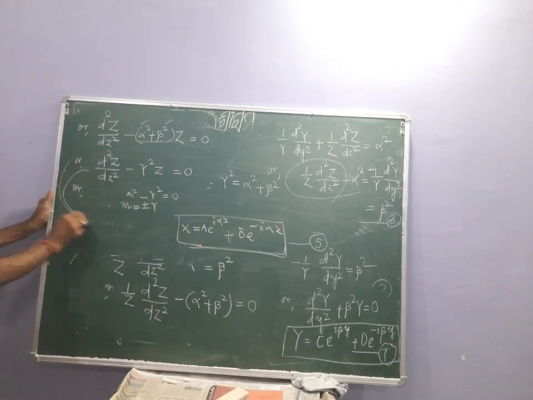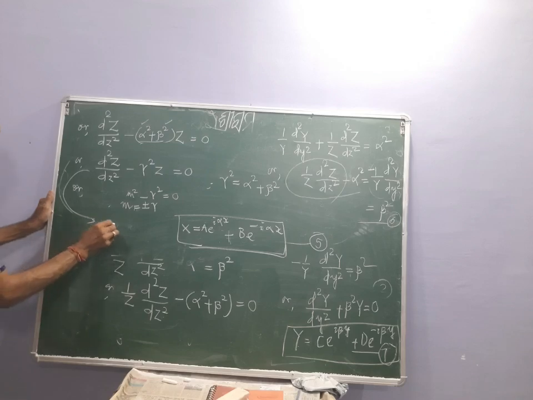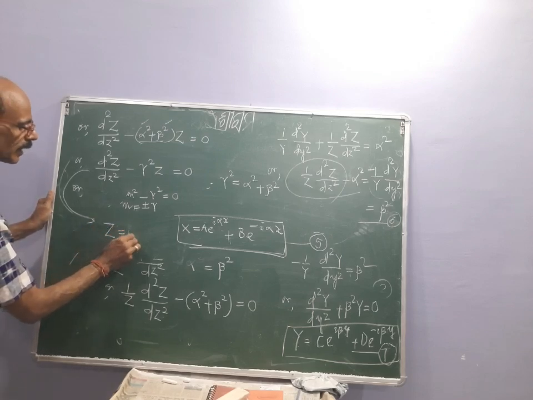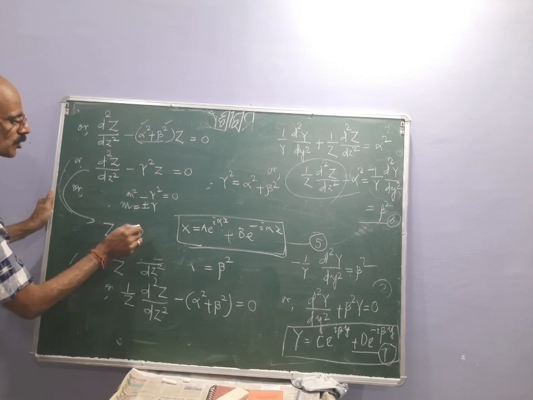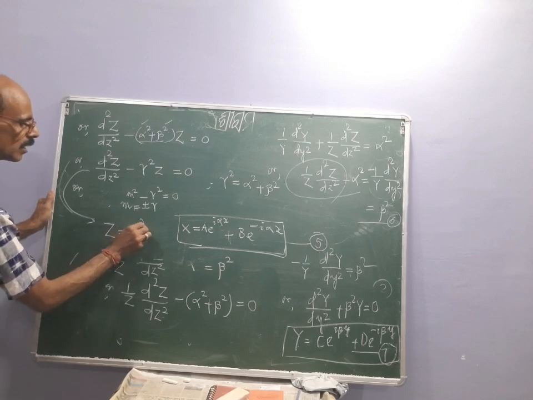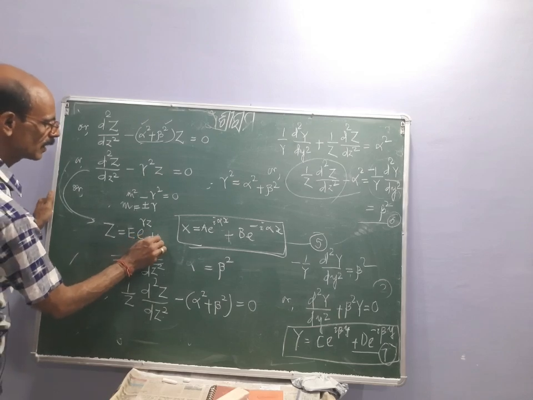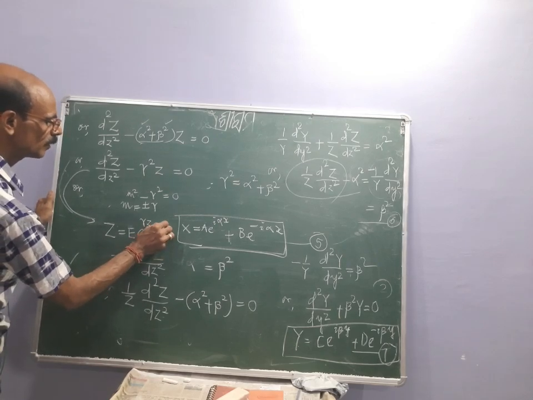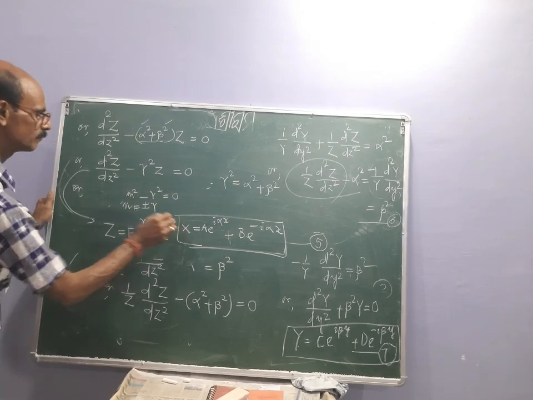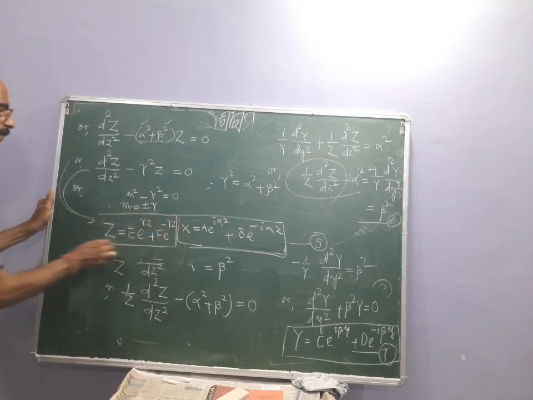Now its solution will be Z is equal to, let me write, e exponential gamma z plus f exponential minus gamma z. Right?